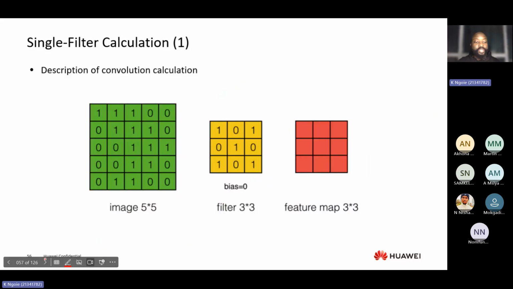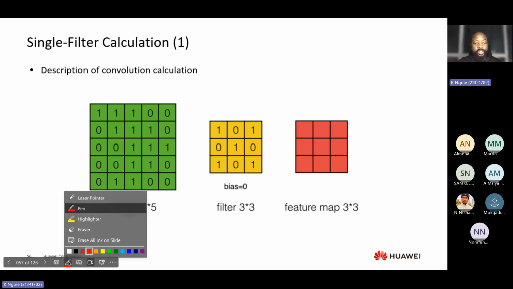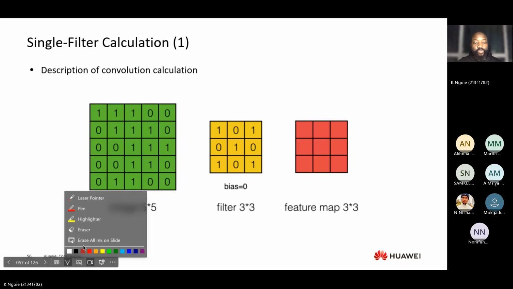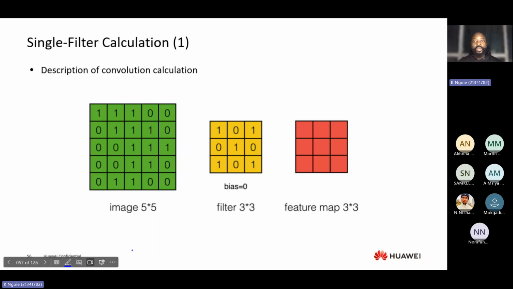Let me do this. The next slide was supposed to show us that, but I don't know why it went there. Okay, let me just change the color and show you that. Let's say blue. So basically, how this is going to work is that this is a filter, a 3 by 3 filter, taken for this scenario.